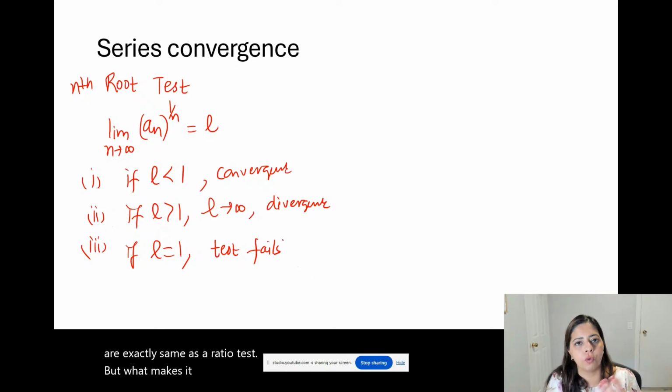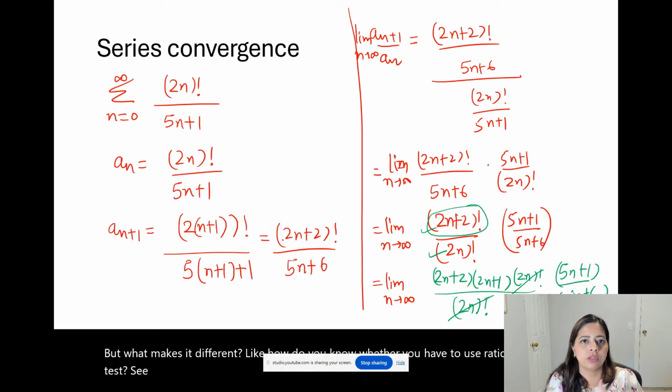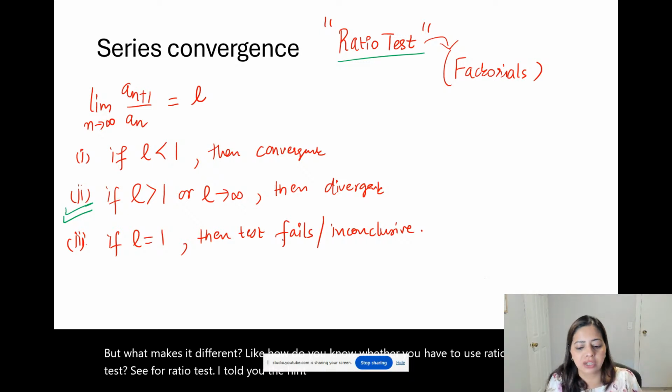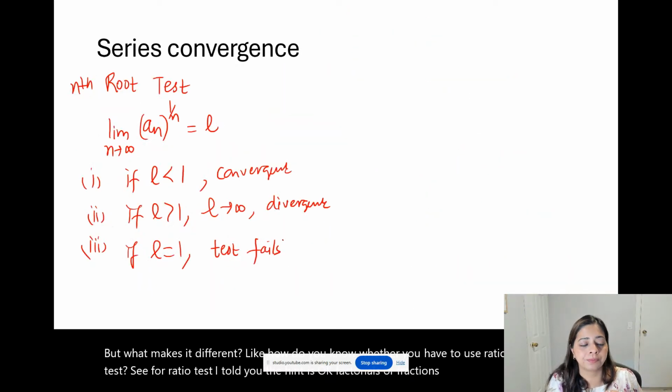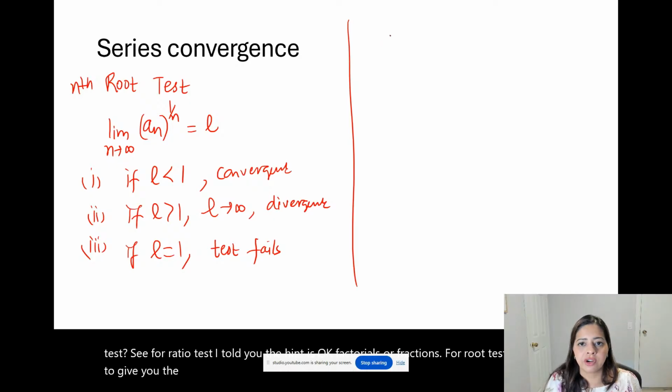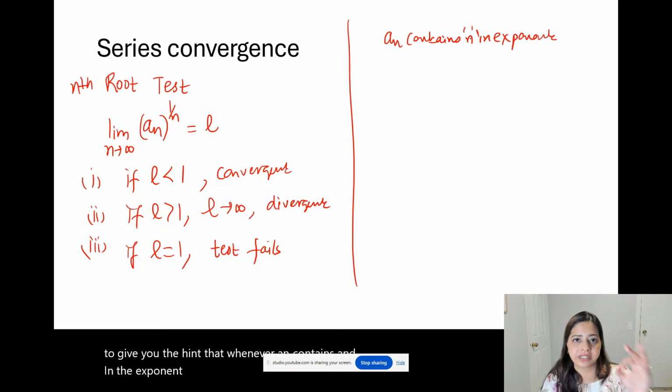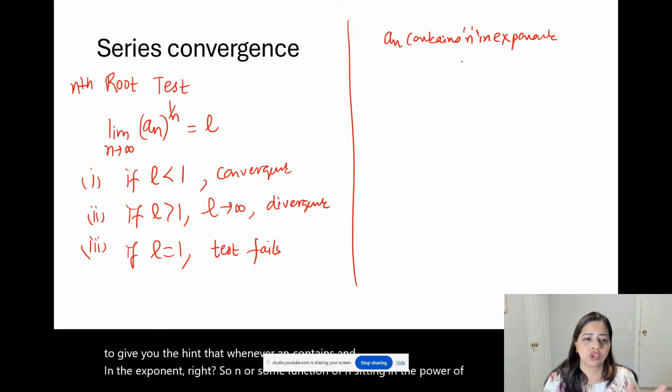How do you know whether you have to use the ratio test or the root test? For the ratio test, I told you the hint is factorials or fractions. For the root test, the hint is that whenever a_n contains n in the exponent, so n or some function of n sitting in the power of a_n, then use the root test.